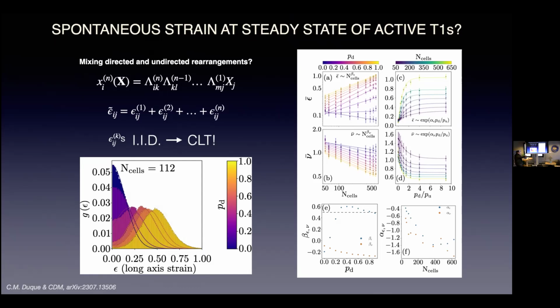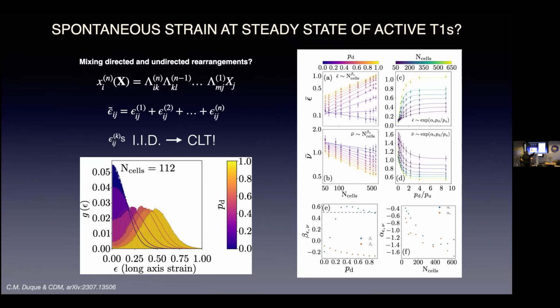And so now you can do these simulations many times for many tissue sizes and many different ratios of the directed and undirected active T1s, and generate these functional relationships between the strain and the number of cells.